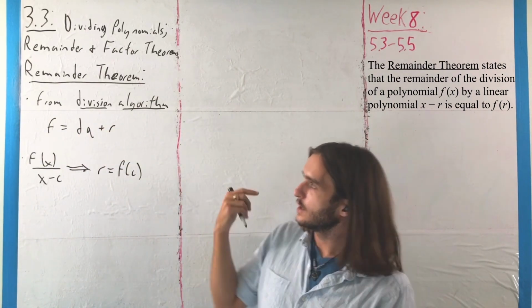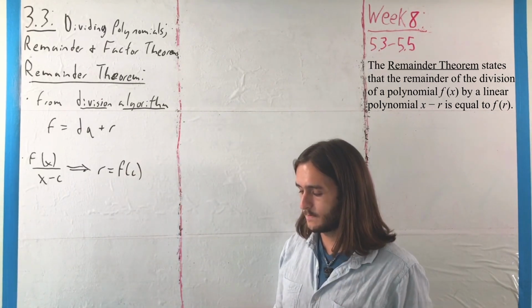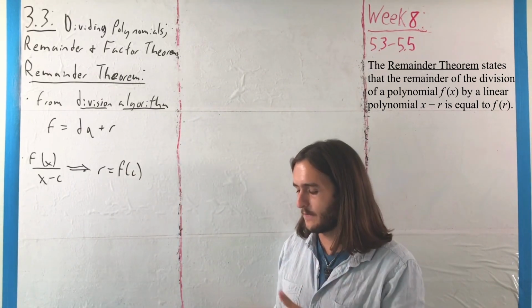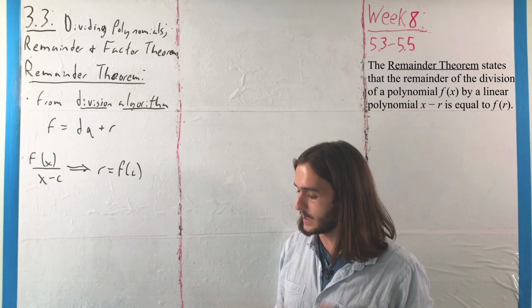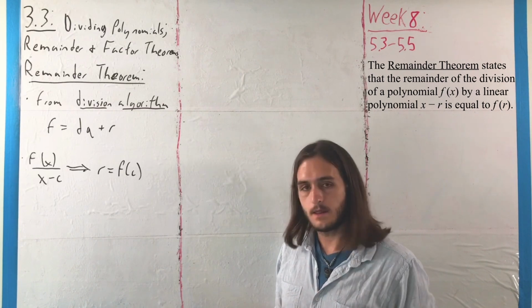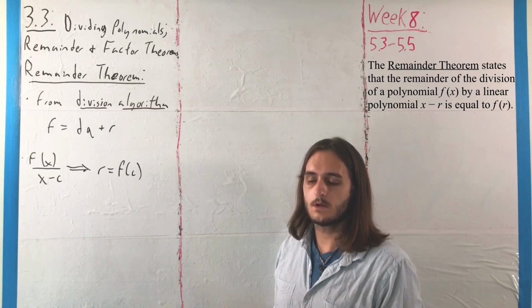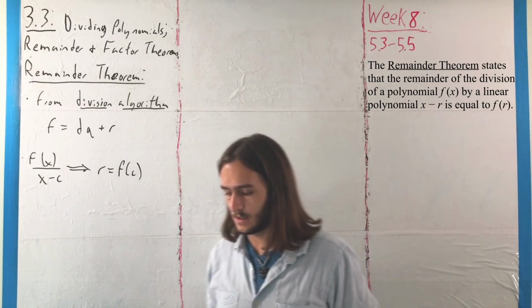But in particular, we get a result of this called the remainder theorem, where if our polynomial f is divided by x minus c, then the remainder value is equal to f at c.